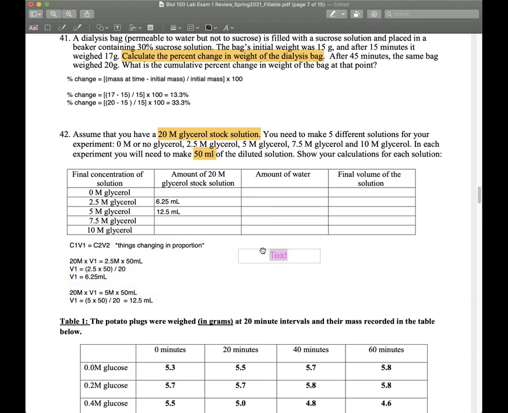And I'm just going to do the other ones here. 18.75 mils, exactly.